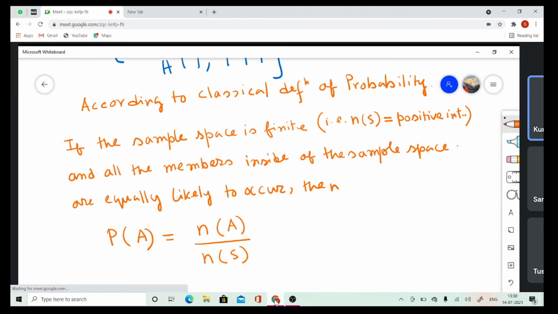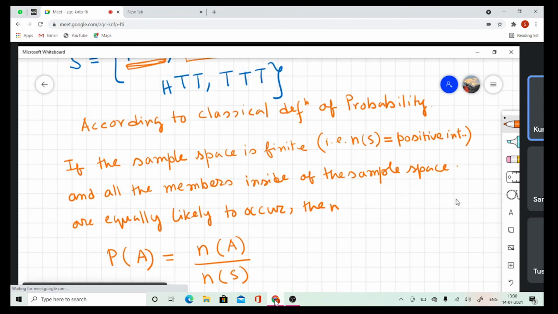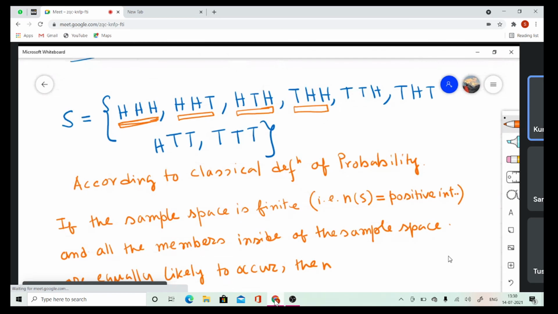Okay? For the sake of simplicity, just assume that in our experiment we got this sample space and all the members inside this particular sample space are equally likely to occur. Just assume it for the sake of simplicity.